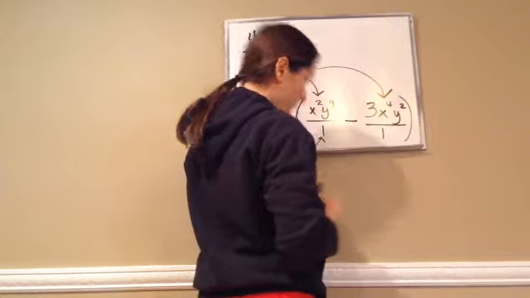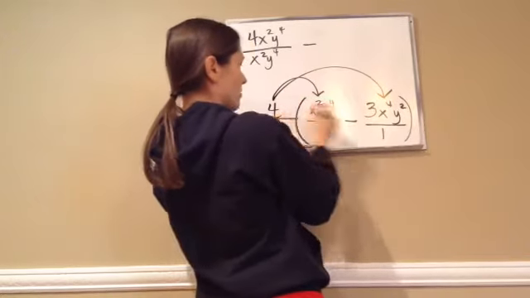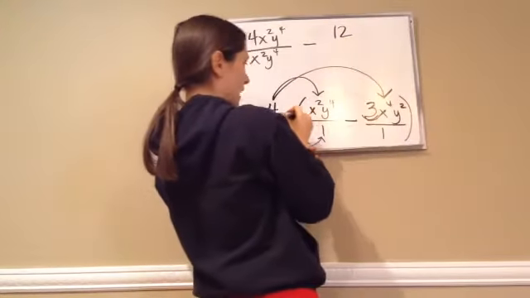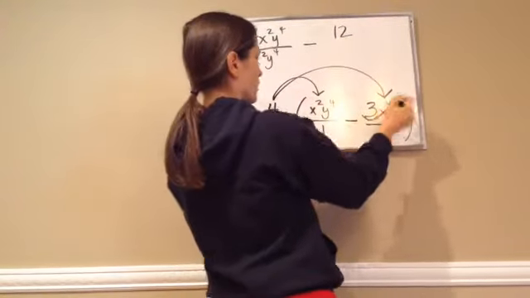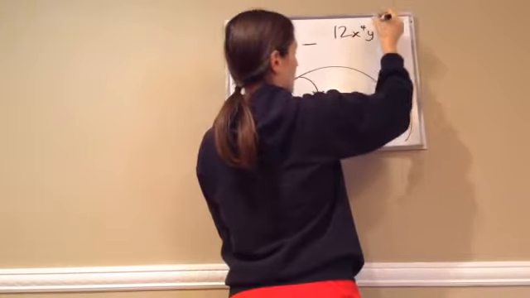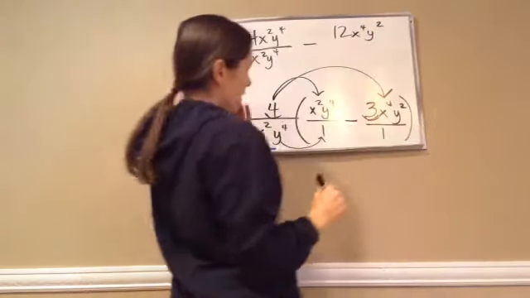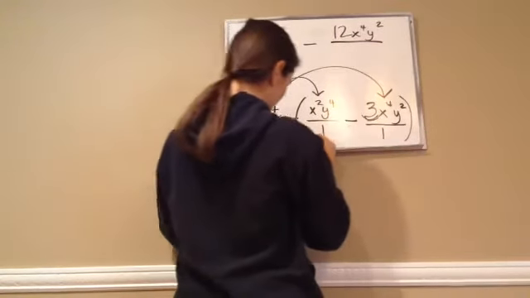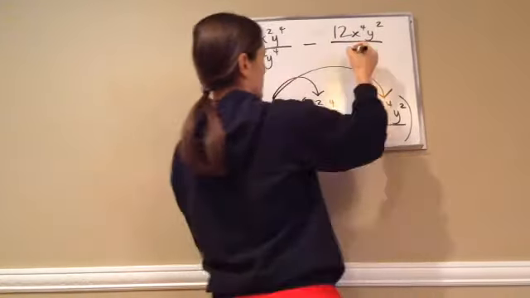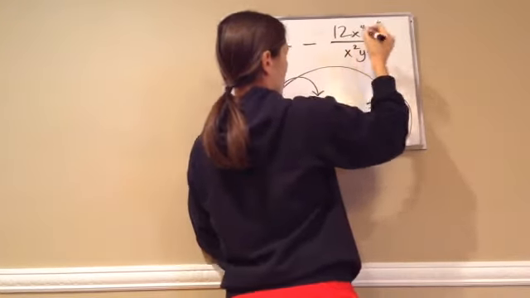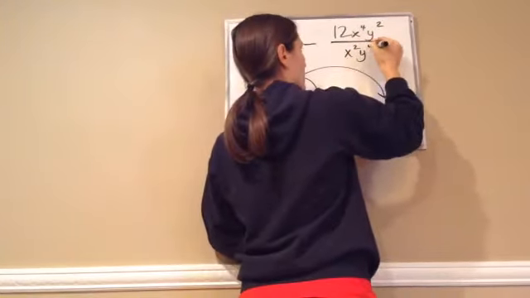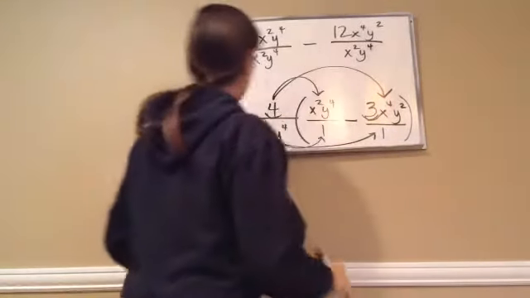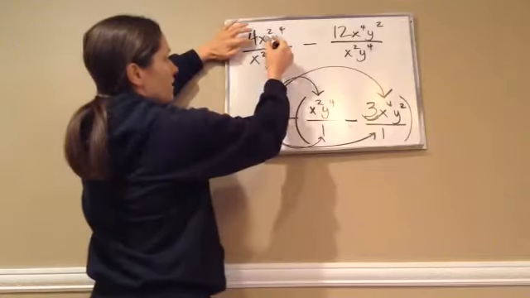And we get 4 times 3. You want to take your number times your number. 4 times 3 is 12. And then we get x to the 4th y squared. Okay? Over, and then we're going to multiply x squared y to the 4th times 1, which ends up being x squared y to the 4th.